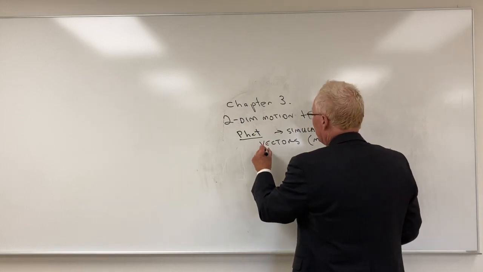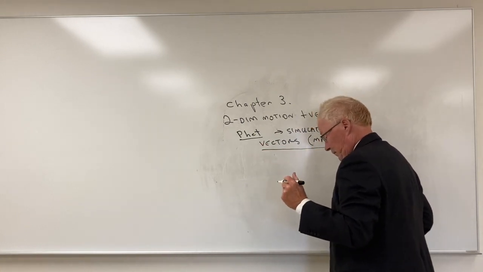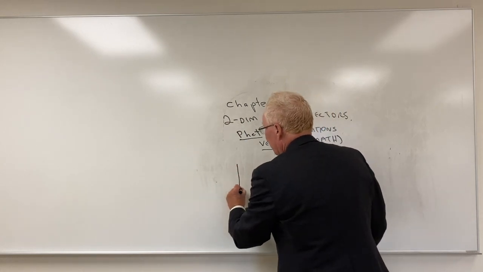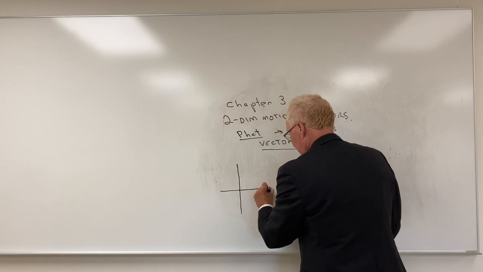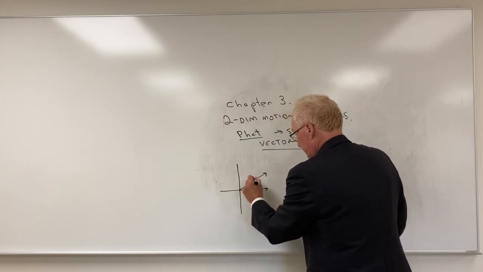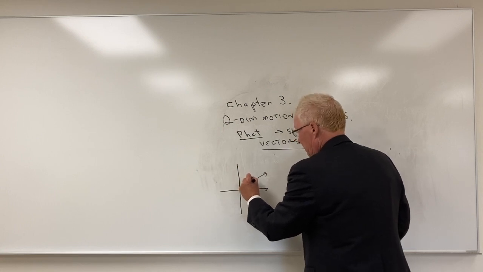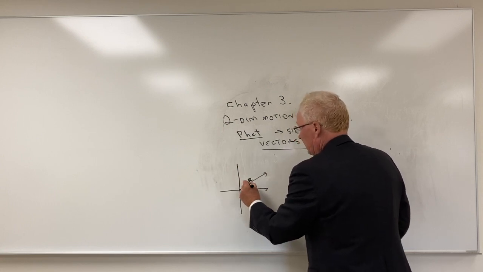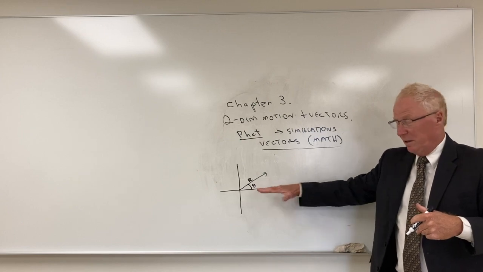All right. First thing is when we have vectors, we define them in the x, y direction. A vector is always going to be defined by its magnitude, let's say R, and the angle above the positive horizontal axis.